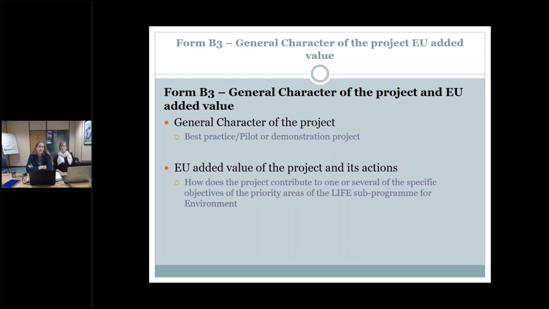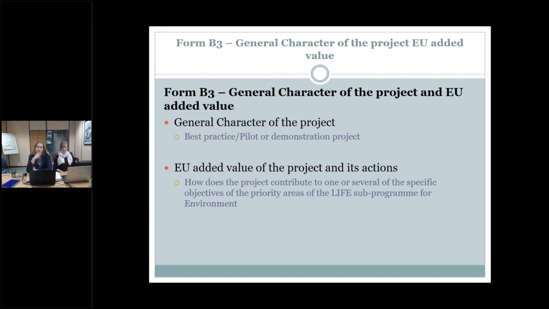For example, we had a project looking at improving the conservation status of a species in Scotland. And I told them, well, you can't just look at the regional or the local side of that species.